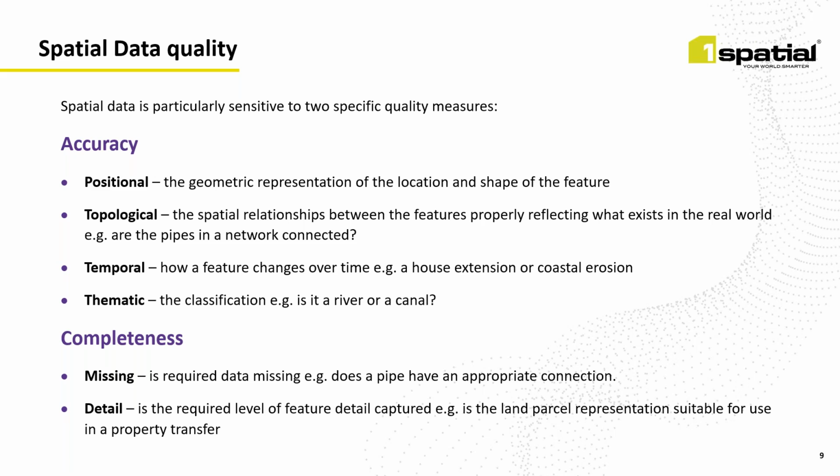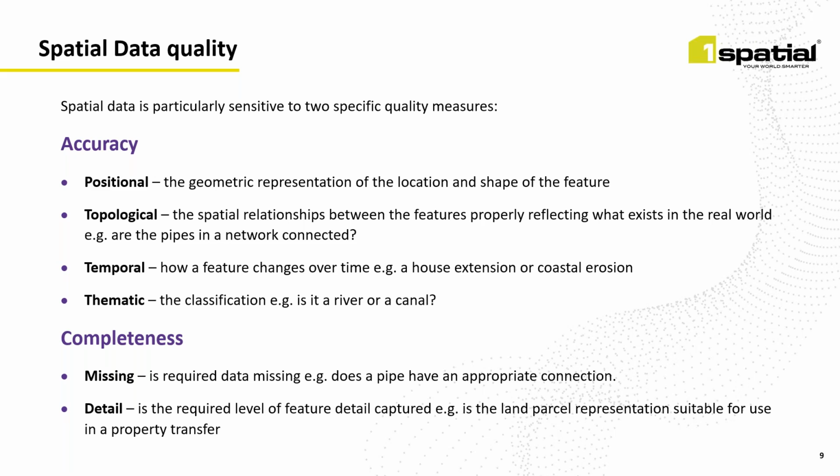Temporal, so how a feature changes over time. A really basic example of that is if you're maintaining a set of building data, then if a house is changed, if it's added an extension, or the shape of the garden has changed, maybe the fence moves out, we need to make sure that that is represented and updated in a timely manner.